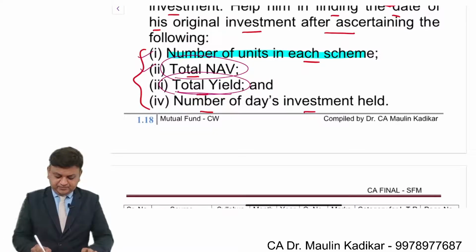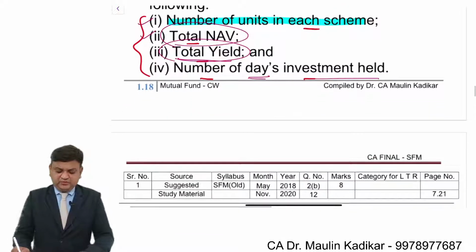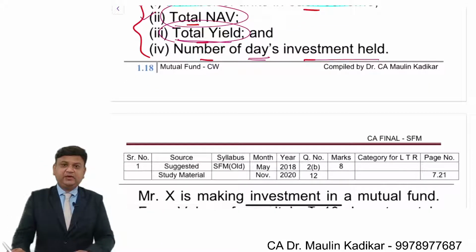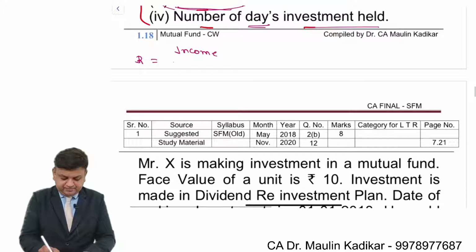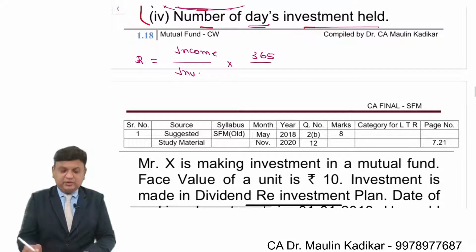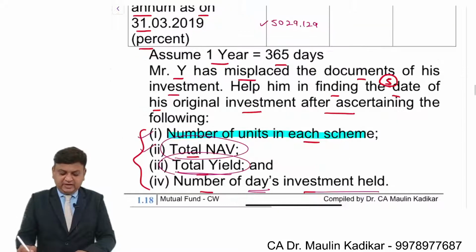Fourth question, number of days the investment held. Now for doing the fourth question, friends, we are required to use the formula. Return is equal to income upon investment into 365 divided by n into 100. Do we have the return?